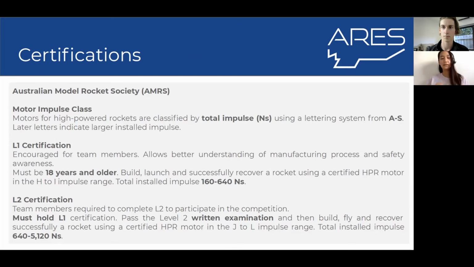So A is categorized as the smallest impulse that a rocket motor could have, and in high-powered rocketry, we deal with the range of H or larger than H. The certifications are basically categorized in terms of those impulse categories. So for an L1 certificate, we're dealing with an impulse of around 160 to 640 Newton second. And L2 is a higher thrust, so that's high impulse, and it'd be around 640 to 5,000 Newton second.